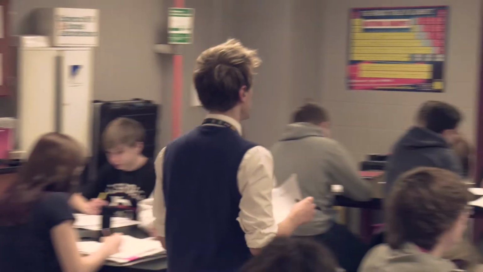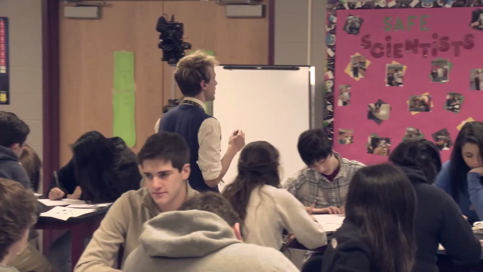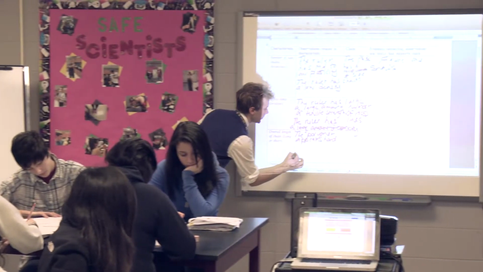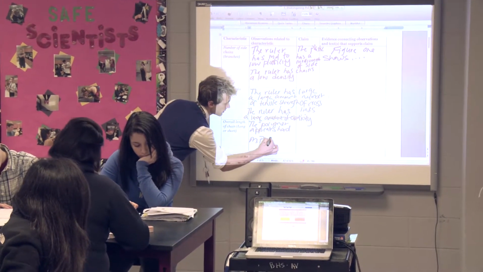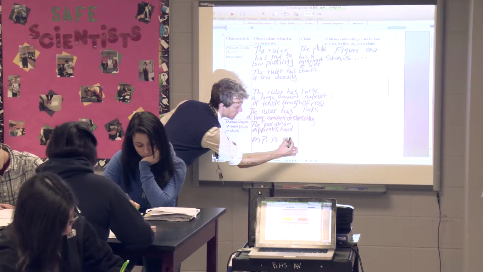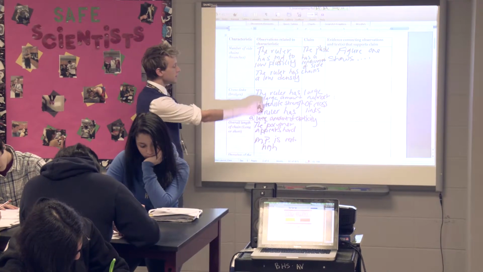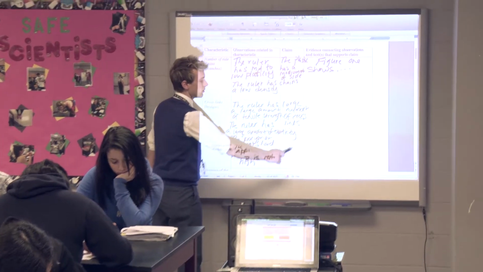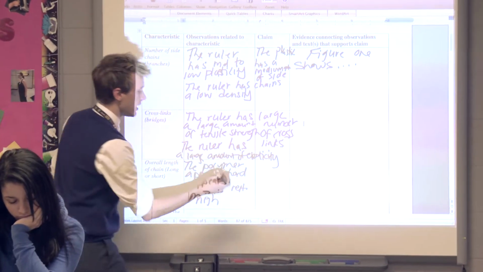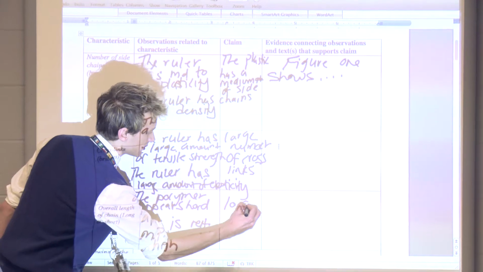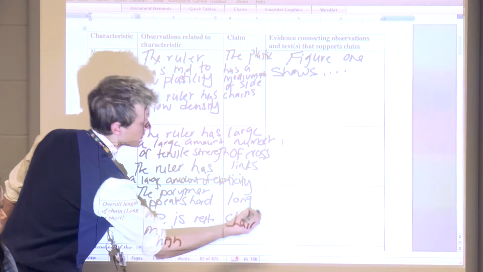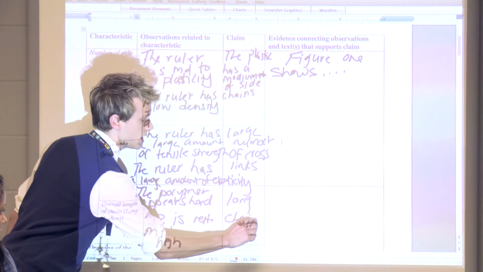Long. So the observation is the melting point (MP) is relatively high. Both of these observations correspond to the claim that we've got a long chain. Not chair, chain.